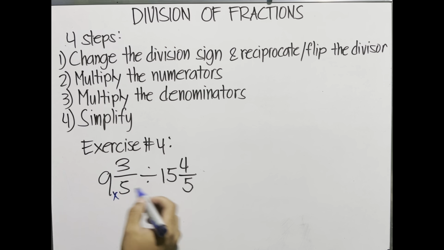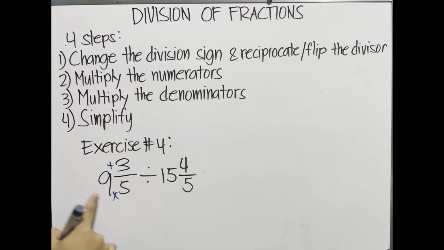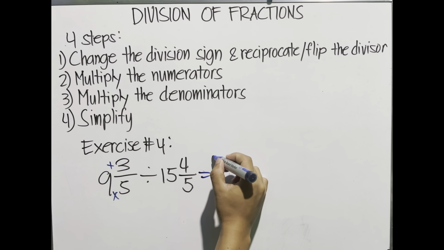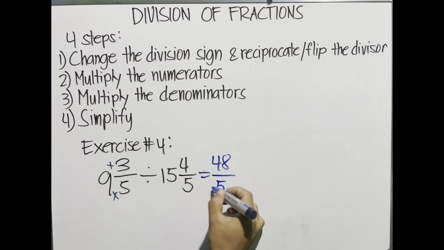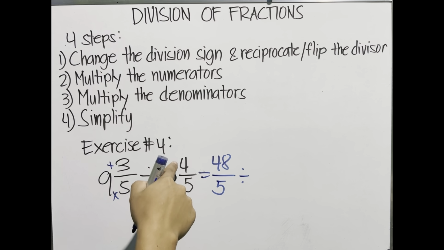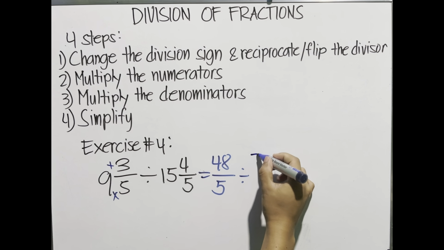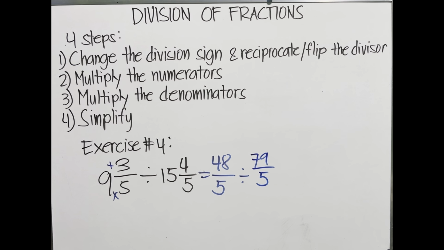So multiplication and then addition. 9 times 5, that is 45, plus 3, that is 48. 8, copy the denominator, divided by 15 times 5 times 4, that is 79 over 5.